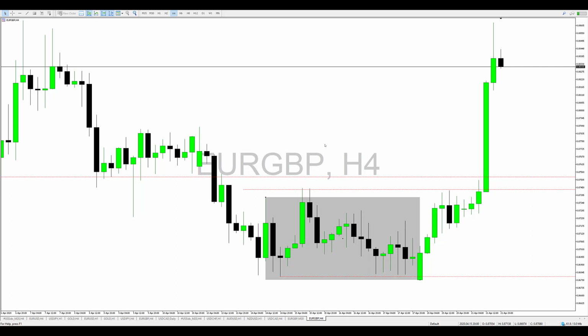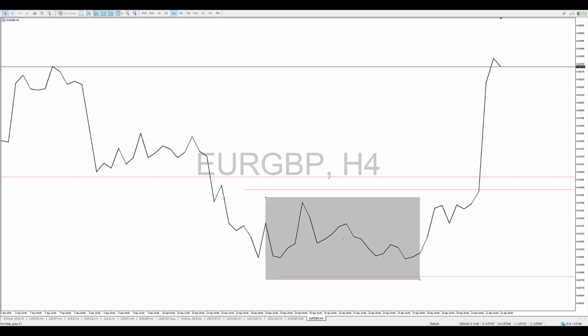When I'm on an H4 chart, I'm going to switch to a line chart. Now when I switch to a line chart, take note of the peaks, the highs and the lows. One is coming in here, one is here, and then we've got one here.